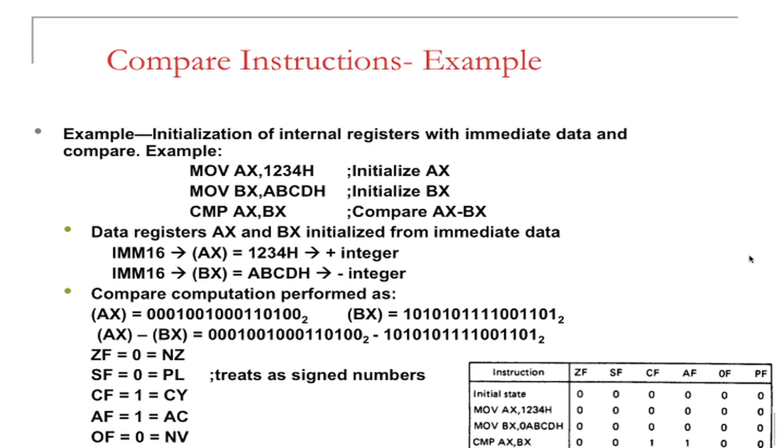And also the overflow flag is a 0, indicating there's no overflow. So combining these zero flag, sign flag, and the overflow flag together, and following the previous three scenario criteria, we know that the destination operand indeed has a larger value than the source operand.